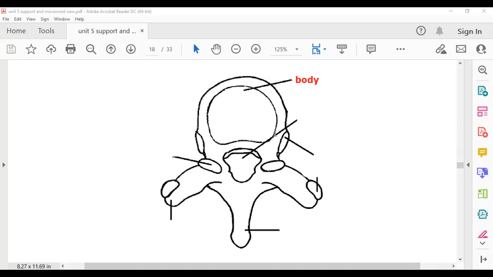That is the body. What else? Vertebral foramen, the usual one, correct? Yes, sir. Now, facets for articulation.